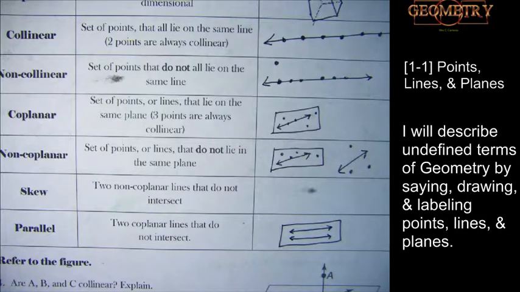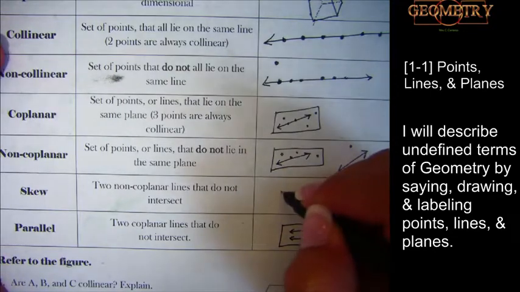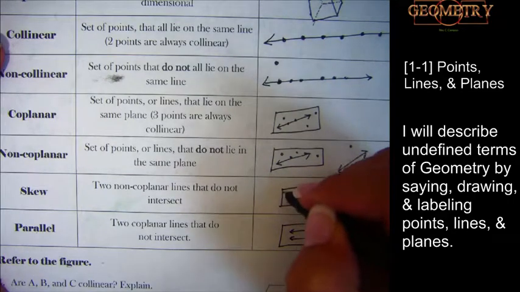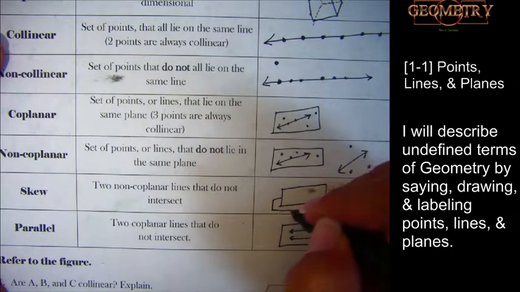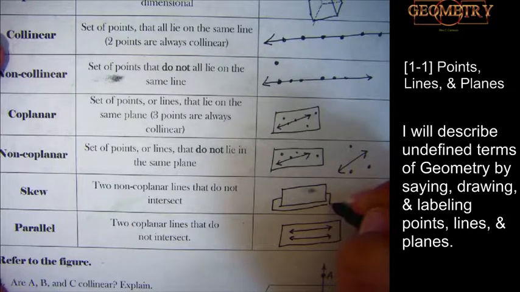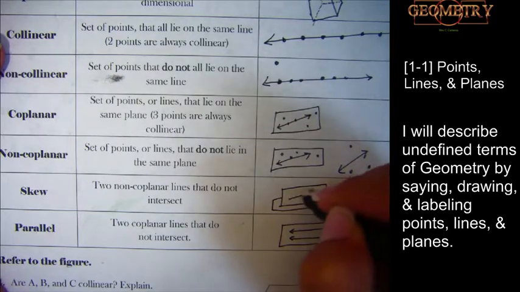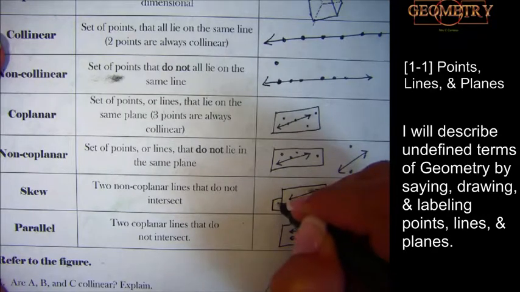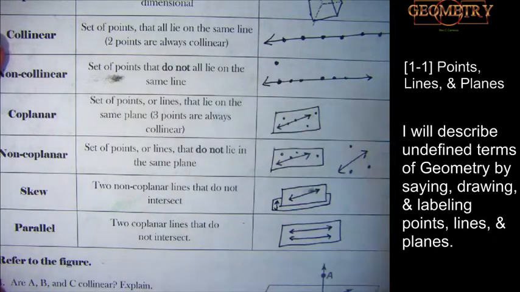But I can have another set of lines that aren't going to touch, but they're not parallel. And these are two non-coplanar lines. So I have a sheet of paper here, and then I have some other sheet of paper kind of under it. Okay? I have a line on this paper going this way, and maybe there's a line going this way on that sheet of paper.